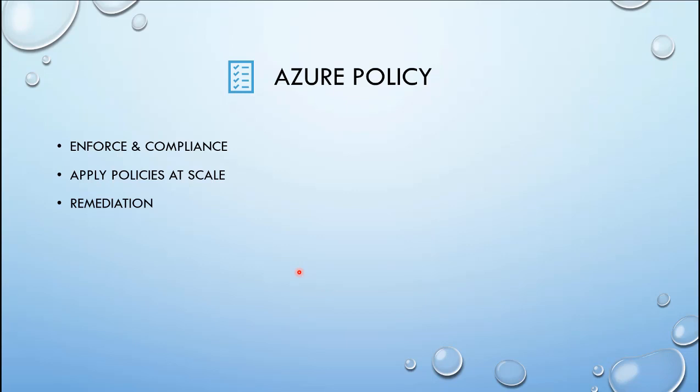These policies can be applied at scale. If you create a set of policies, they get applied to a subscription, and everything that belongs to that subscription will be checked. And then remediation will just provide certain steps on how you can remediate your issues or potential issues.